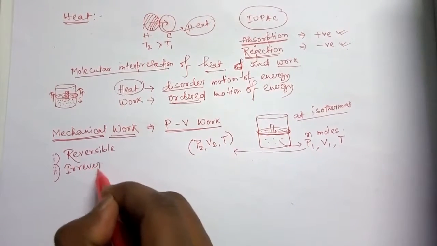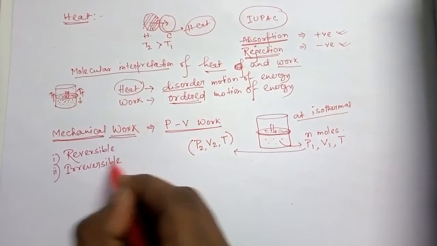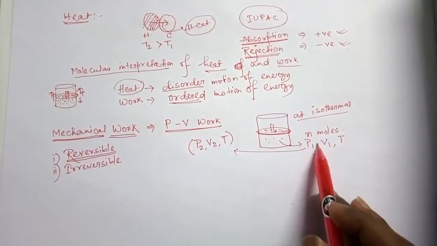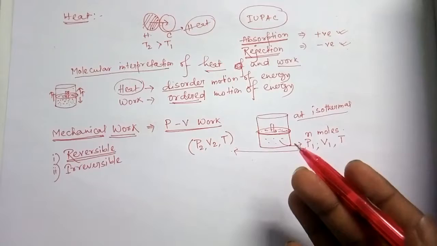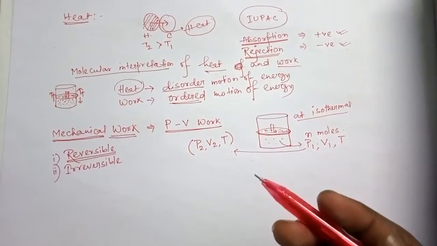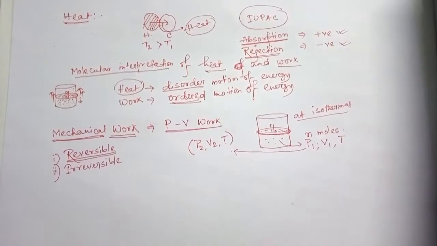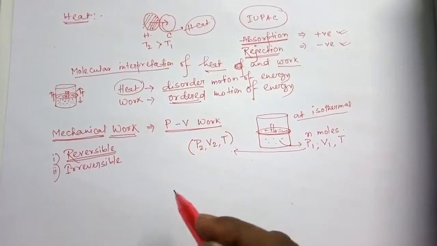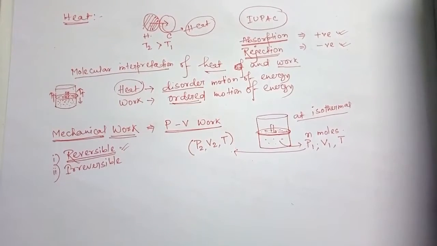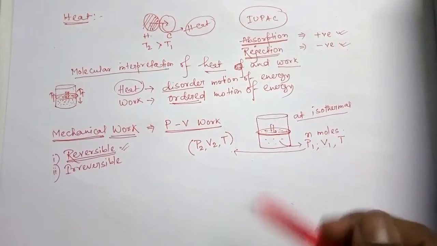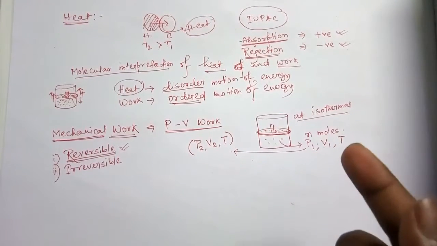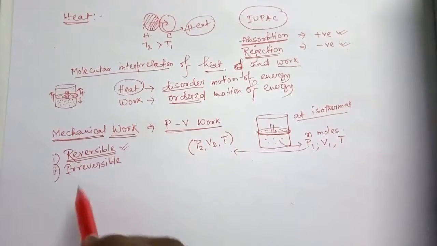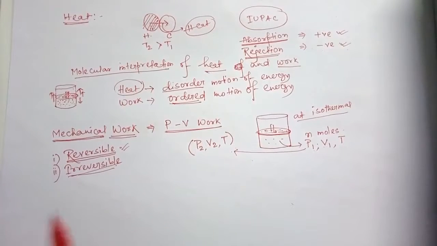In both cases the expression will be different. If the change takes place through an infinite number of steps, and in each step there are infinitesimally small changes in the parameters, then this is a reversible way. And if it takes place in one step or a finite number of steps against a constant external pressure, that means it is an irreversible change.